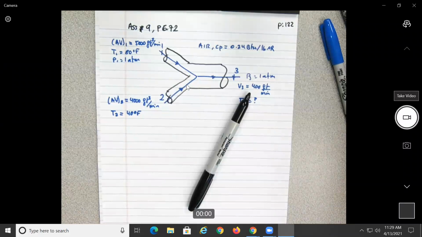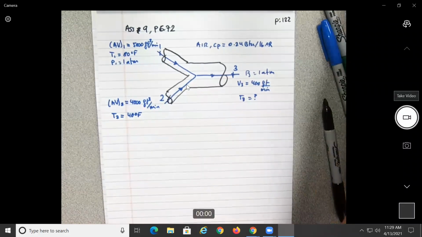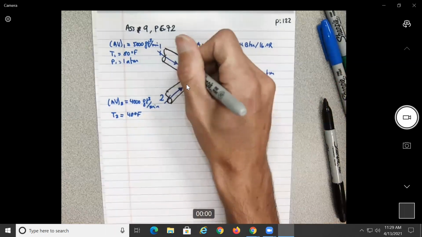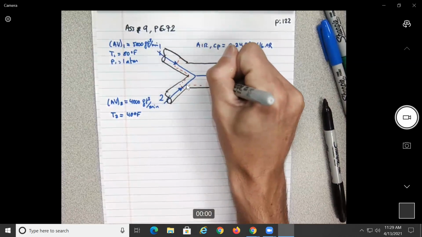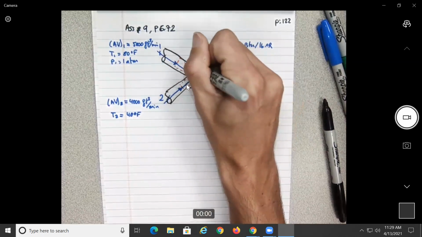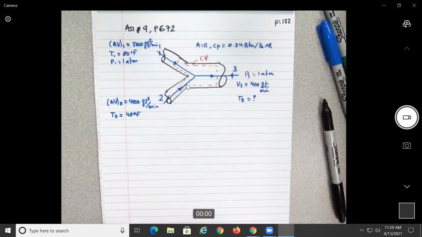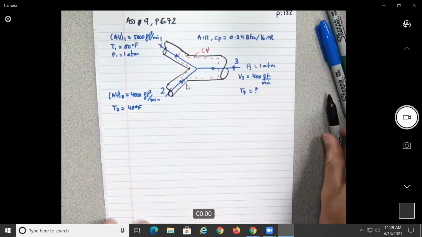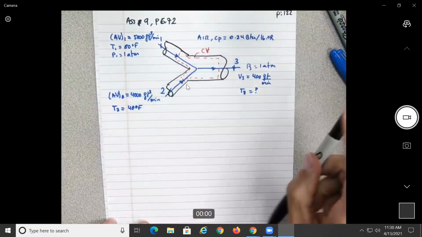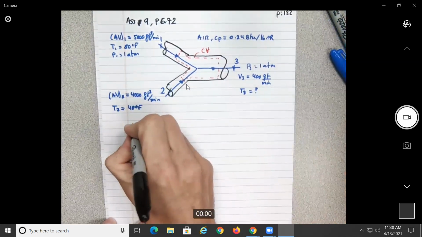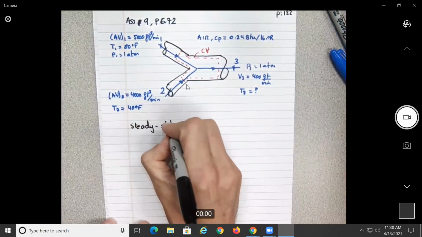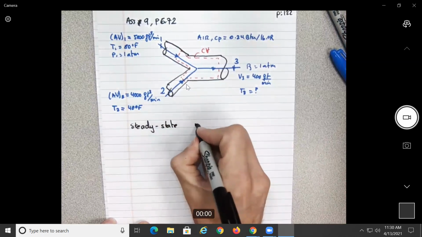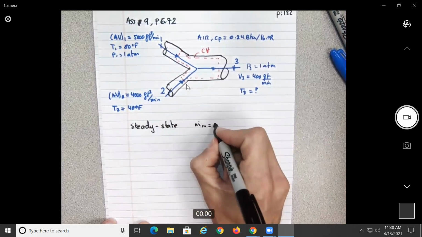All right, so we are here. So they say the system is steady state. So basically, this is going to be our control volume. If they tell us that the system is steady state, what does that mean?